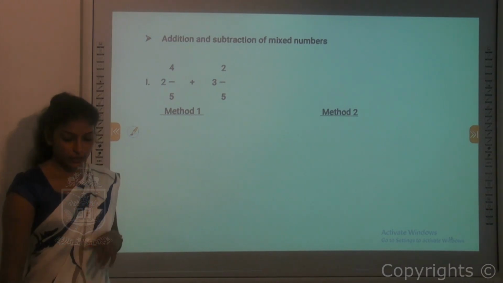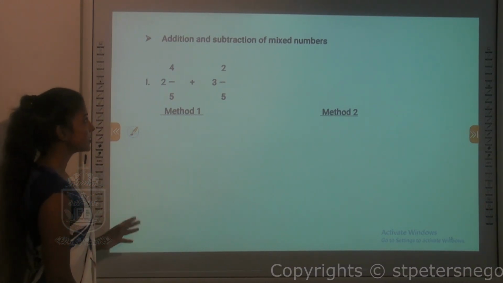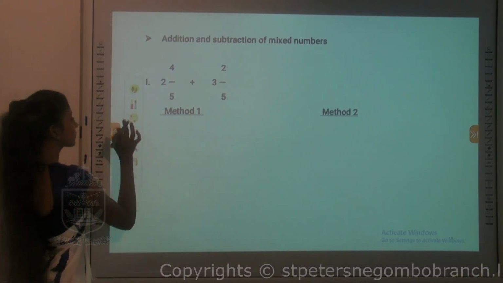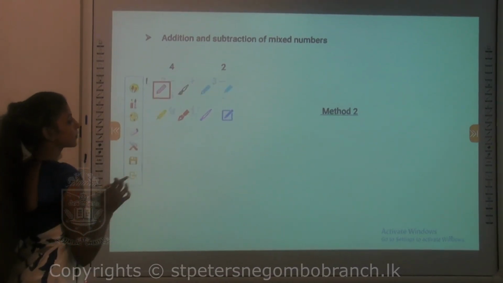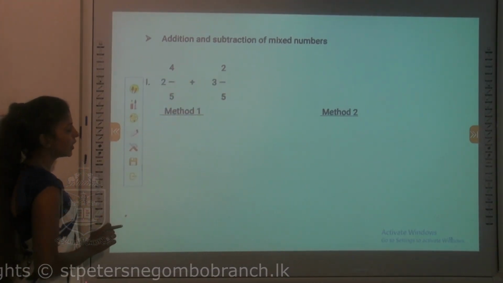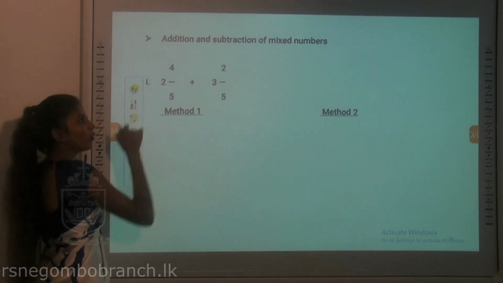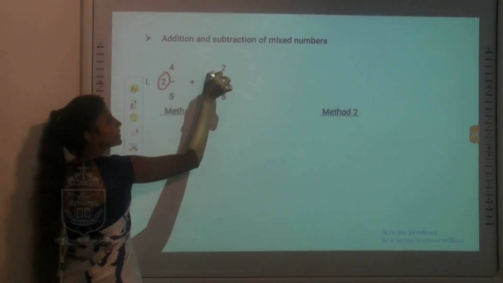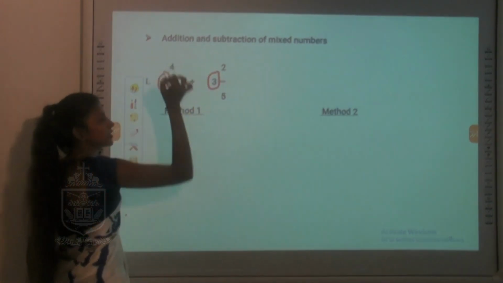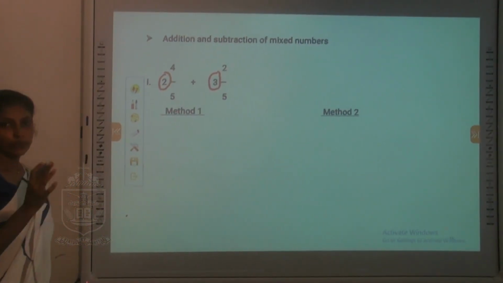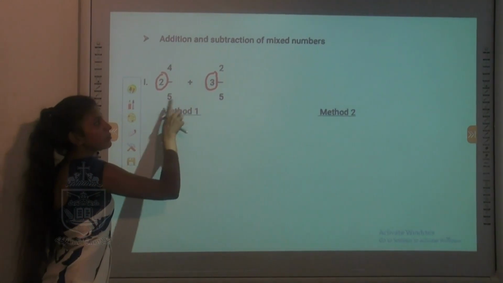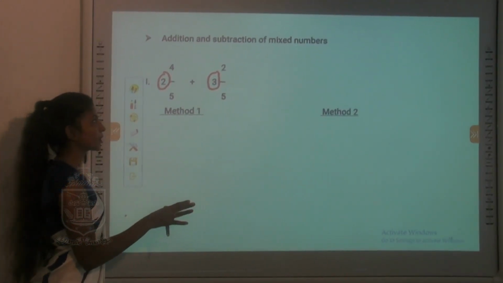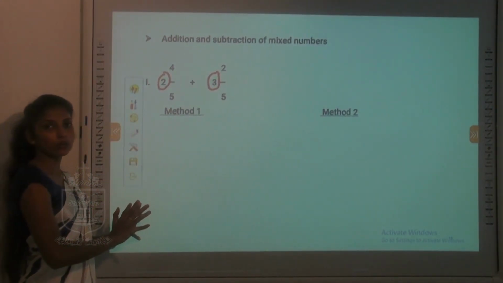So when you are adding, the first method is, you can take the whole number parts separately, 2 and 3. The denominator of the fraction part remains the same, 5. So take the two whole numbers out, 2 and 3.